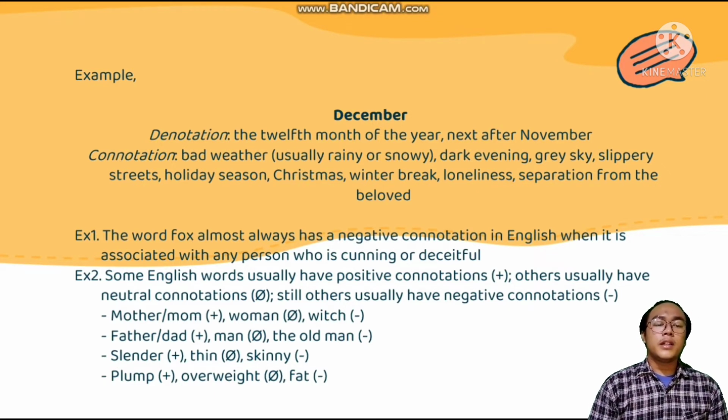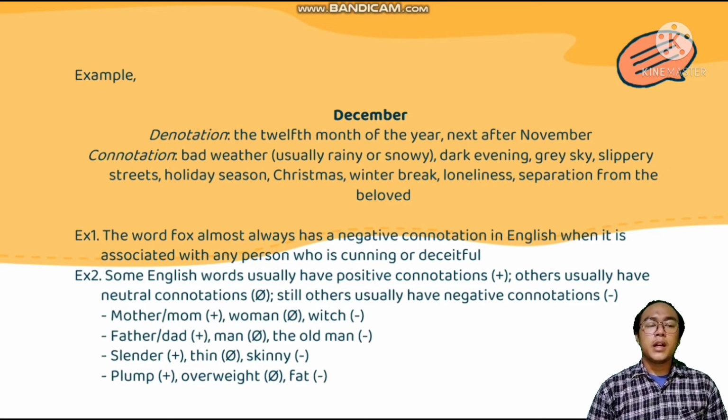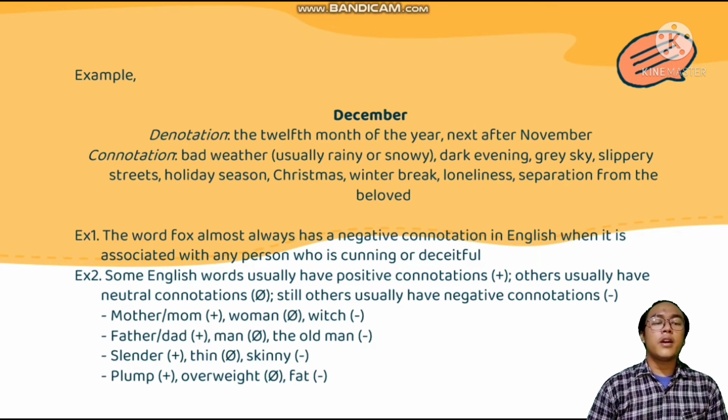Father is positive, man is neutral, and old man is negative. Slender is positive, thin is neutral, and skinny is negative. Plump is positive, overweight is neutral, and fat is negative.